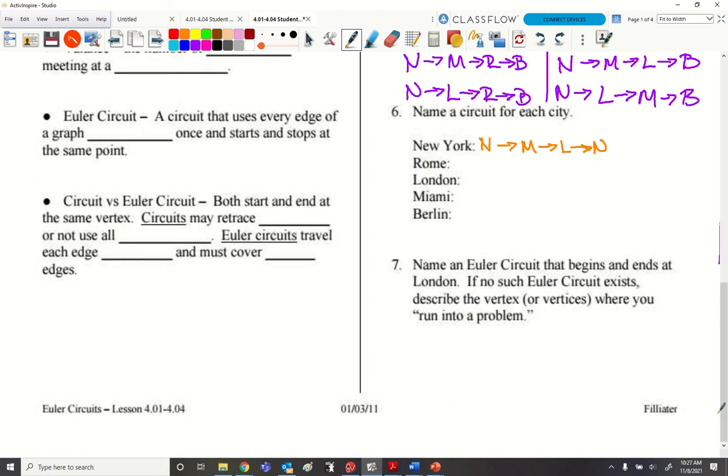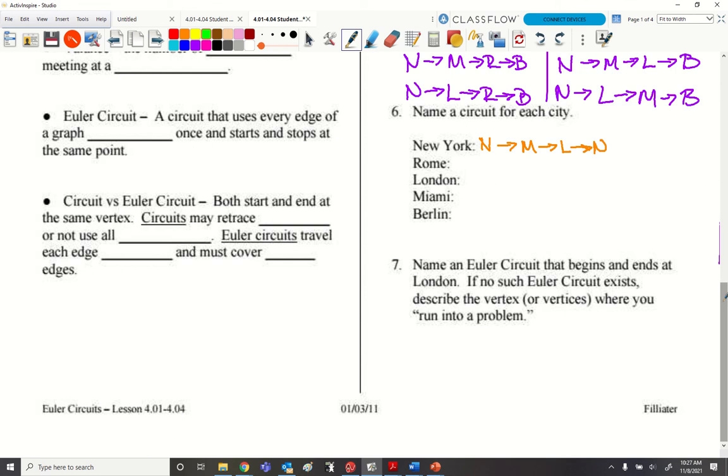Now, here's a challenge. I'm going to give you about 4 minutes. This is what you're going to do. Name a Euler circuit that begins and ends in London. A Euler circuit is a circuit that uses every edge of a graph exactly once and starts and stops at the same point.